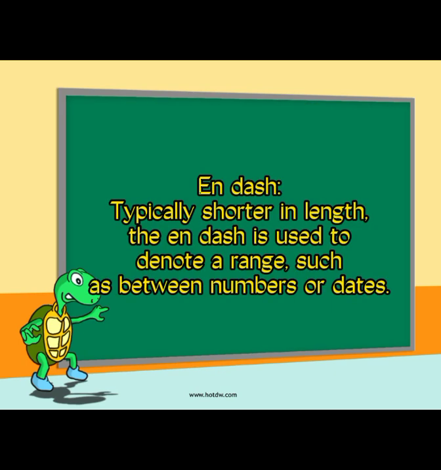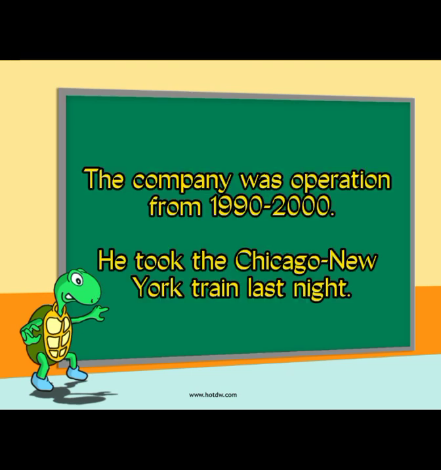N dash. Typically shorter in length, the N dash is used to denote a range, such as between numbers or dates. Examples: The company was in operation from 1990–2000.